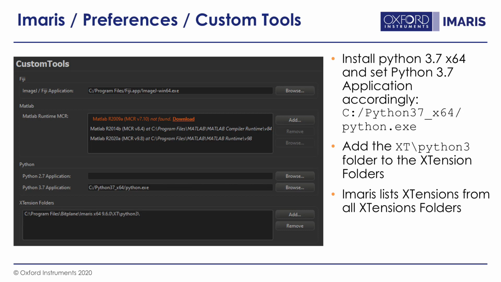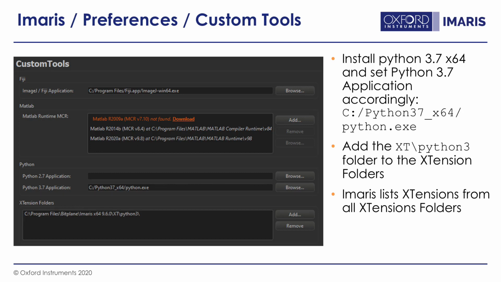So open Imaris Preferences, go to Custom Tools, and this is a screenshot of what you see there. In the top part, you can specify the Python 3.7 application, so C:\Python3.7_x64\python.exe.